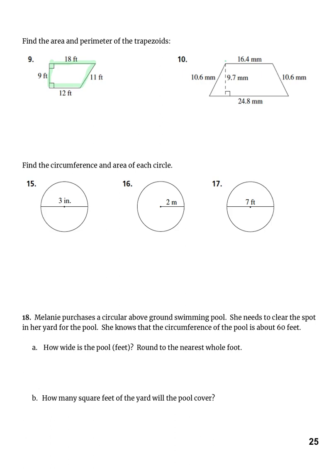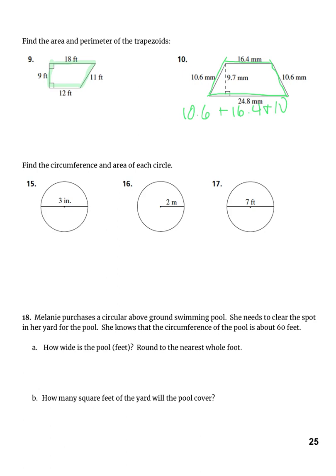You would just add the sides of the trapezoid, but you wouldn't add the inside, so you're adding the distance around. So if I was going to do number 10, I would add 10.6 plus 16.4 plus 10.6 plus 24.8, and that would give me the perimeter.